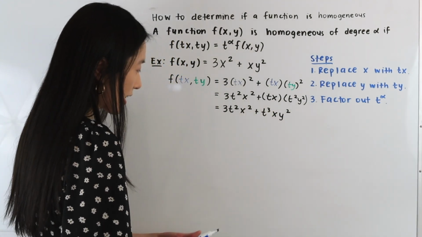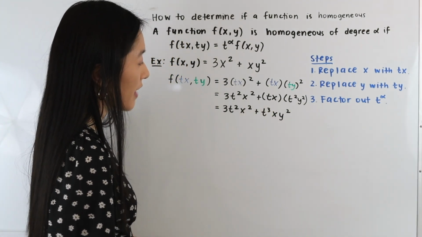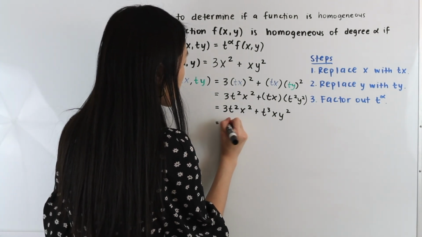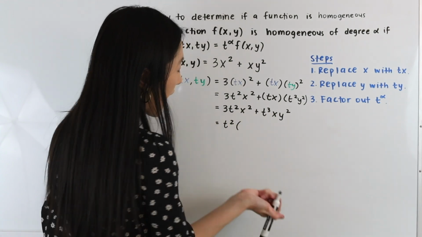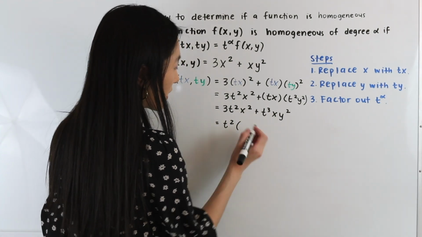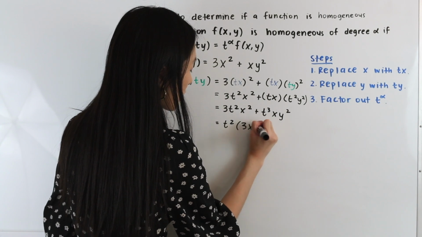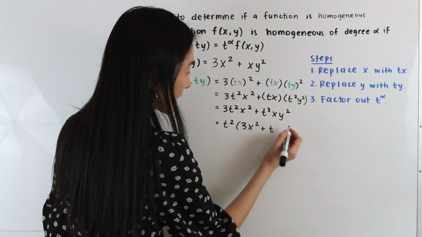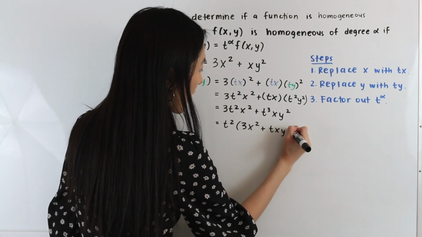And so we can see here that we do have a common factor. These two terms share a t squared. So we can factor that t squared out, and we are left with the quantity 3x squared plus t times x y squared.